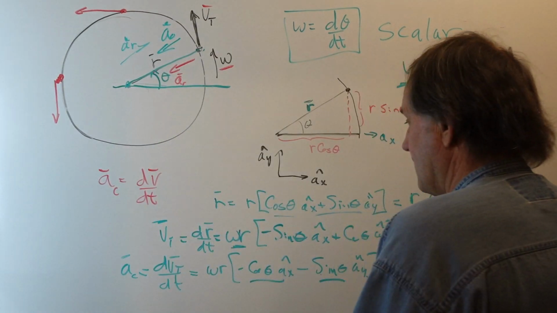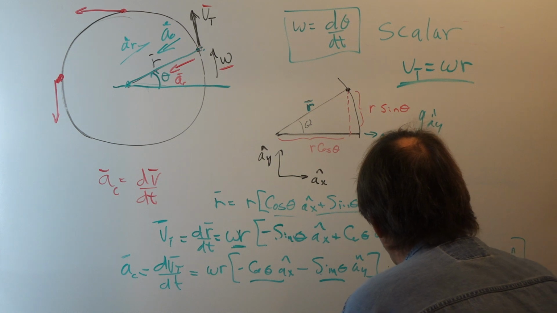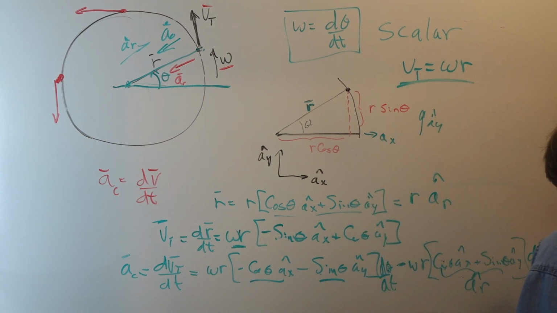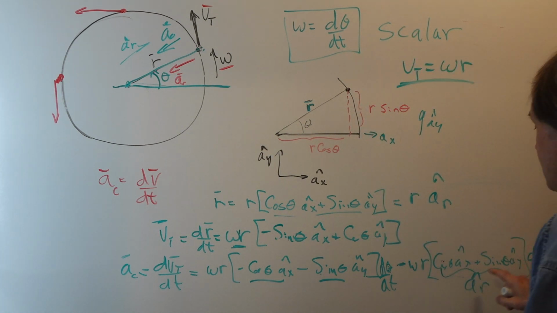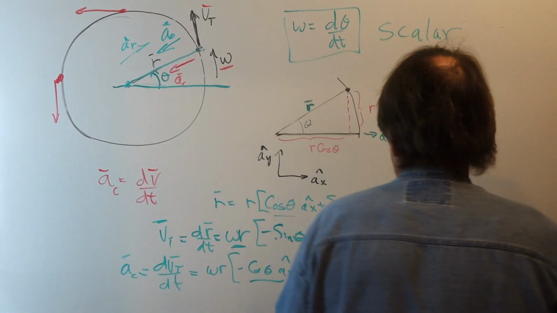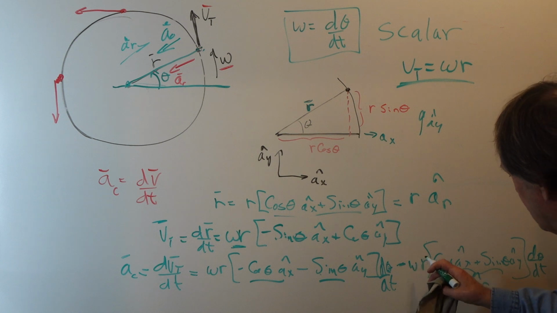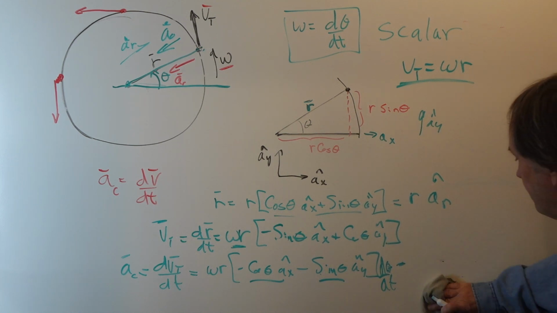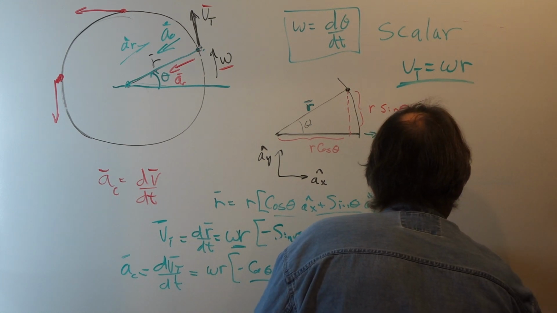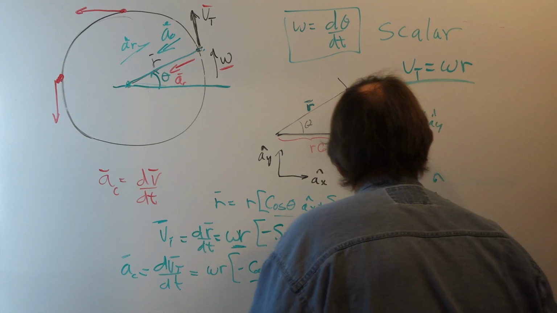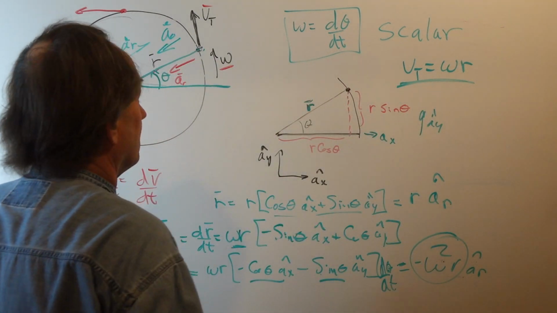And then I also have a d theta dt here. Well, what's d theta dt? Well, d theta dt again is omega. So if we look at this, this becomes omega r times omega, or omega squared r, in the minus ar direction. So that's the magnitude of our centripetal acceleration.